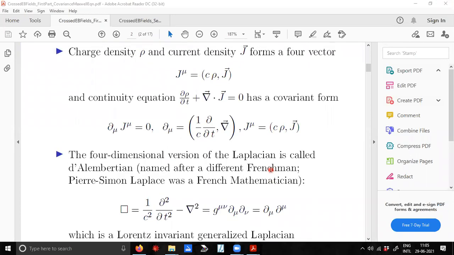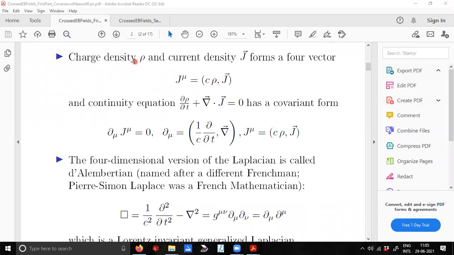Now, I have this charge density rho and current density J. If I put them together, it can be called a 4 vector in special relativity, and I write the contravariant components of J mu as c into rho to match the units. Rho into c has the same units as current density.